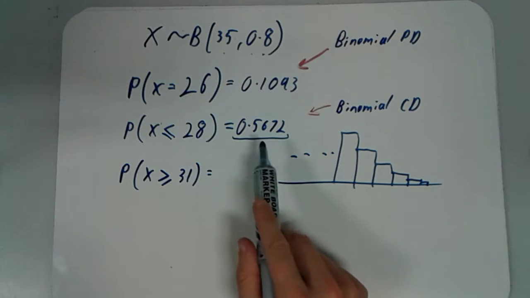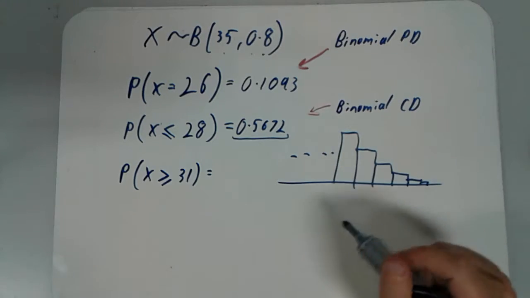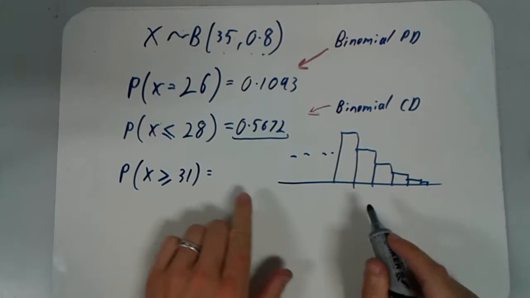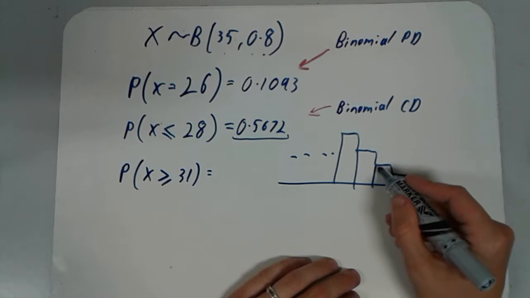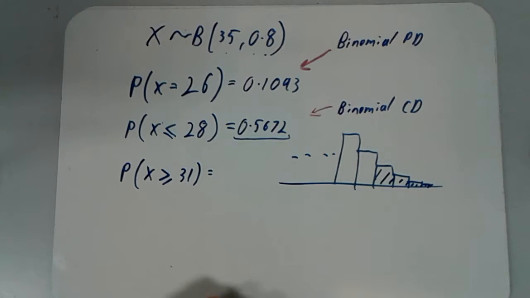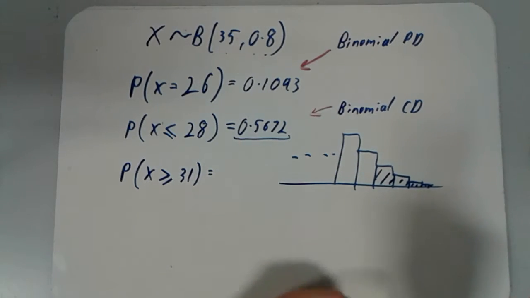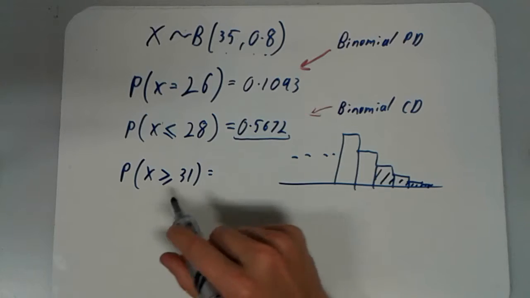Always worth thinking about, just to make sure your answers are sensible. You've not got it in the wrong mode by mistake. So 31, we're kind of expecting some sort of area here, certainly less than half, because the probability of getting greater than your expected value will always be less than half.